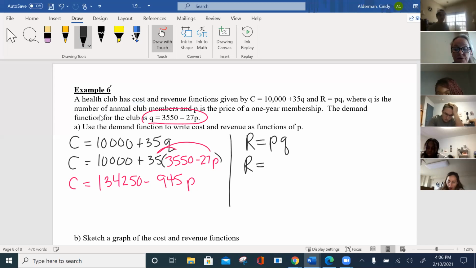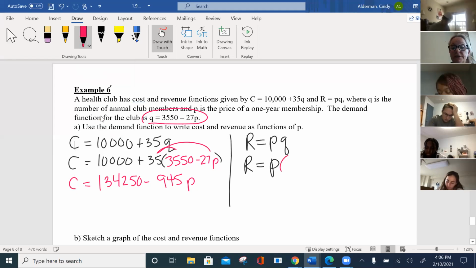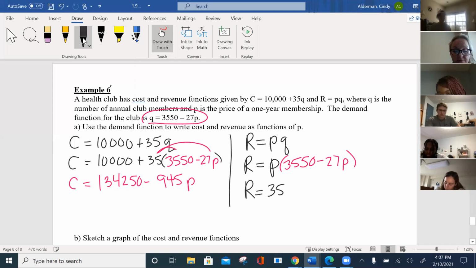So revenue equals price times Q, which is 3550 minus 27p. And if we simplify that, we get revenue is 3550p minus 27p squared.